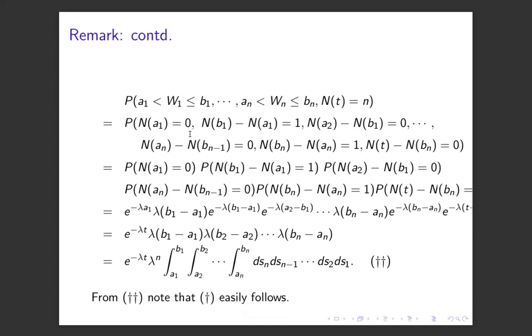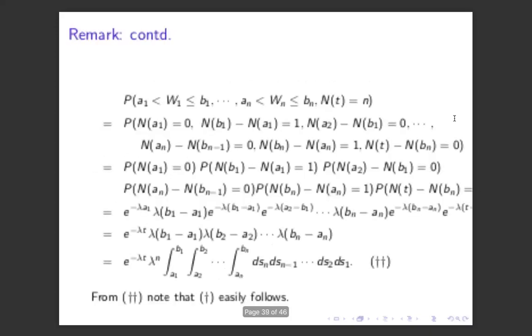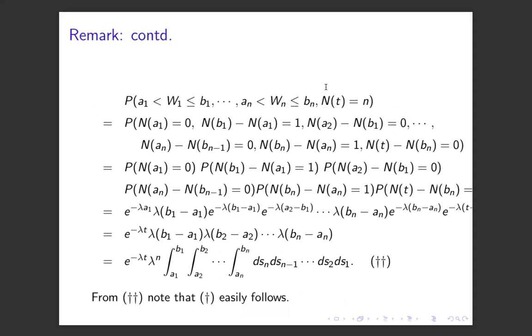Okay. So what we are going to do is look at this probability: the probability that A1 < W1 ≤ B1, and so on, up to An < Wn ≤ Bn, and Nt equal to n. What this means is, up to time point A1, no arrivals.